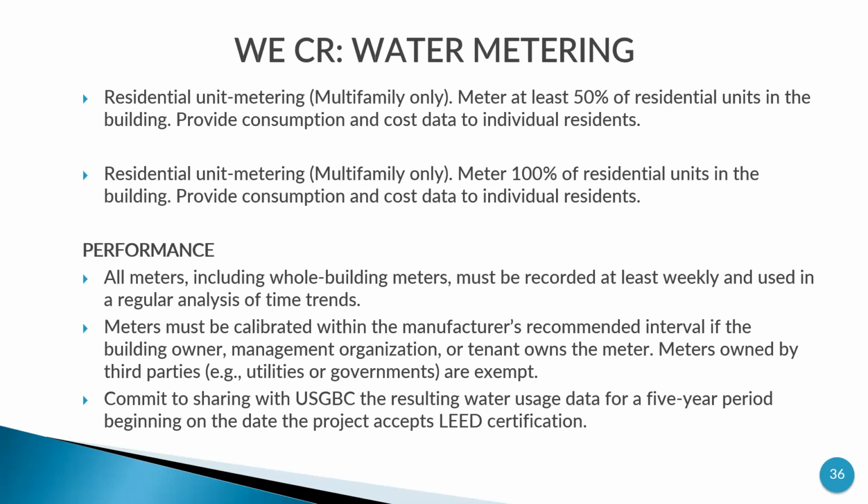Meters must be calibrated within the manufacturer's recommended interval. Based on the brand and the meter, the manufacturer will recommend every 3 years, every 5 years generally. 3 to 5 years. But again, it all depends upon the manufacturer.